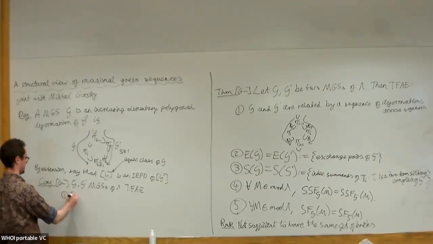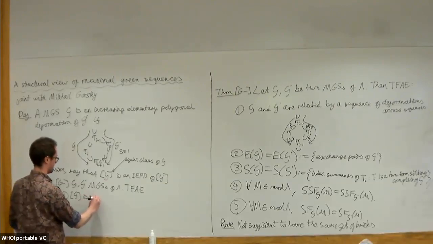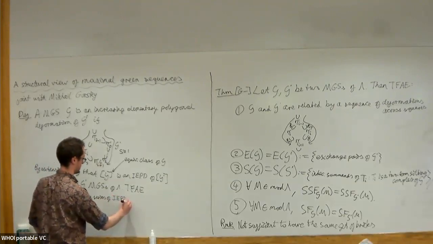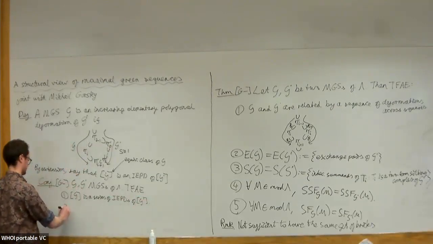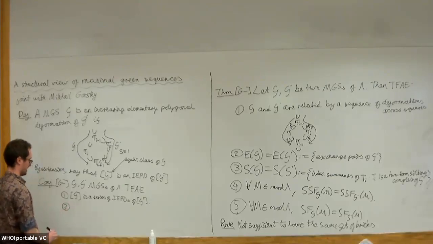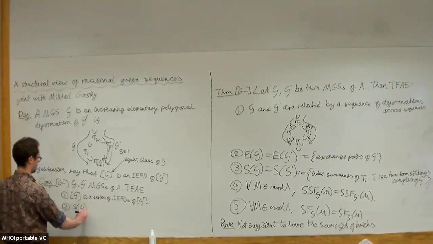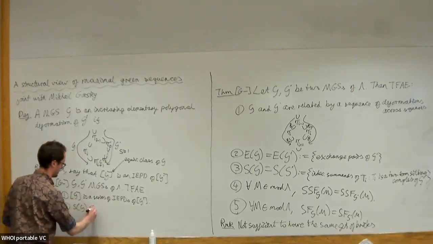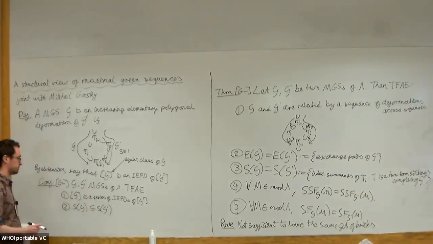Firstly, that the equivalence class of G is a series of increasing elementary polygon deformations of the equivalence class of G prime. Secondly, that the set of summands of G is included in the set of summands of G prime.